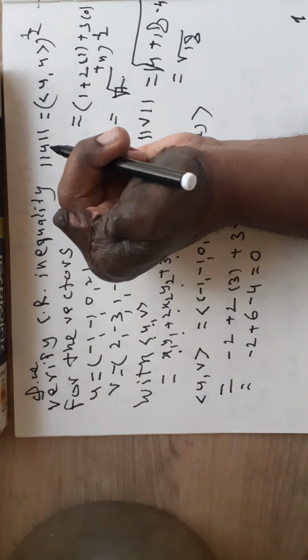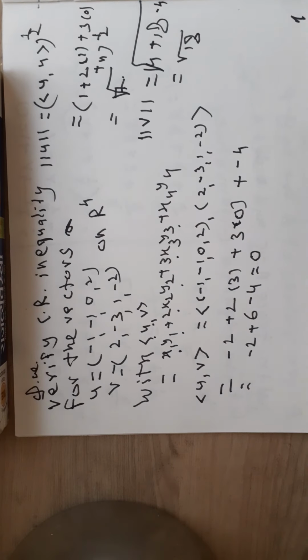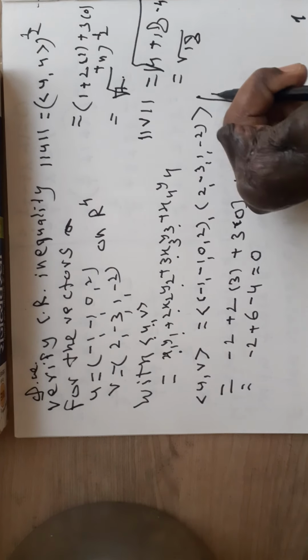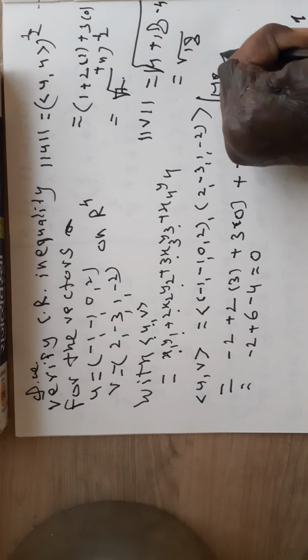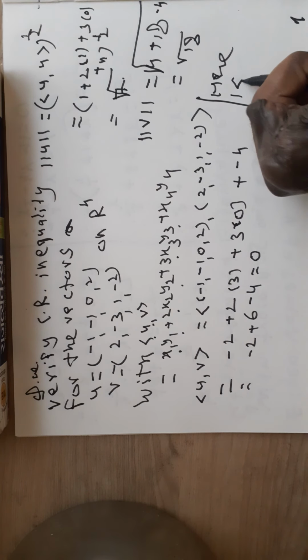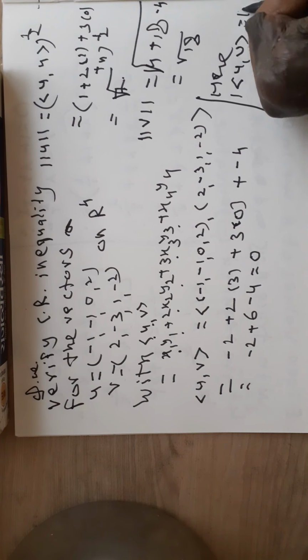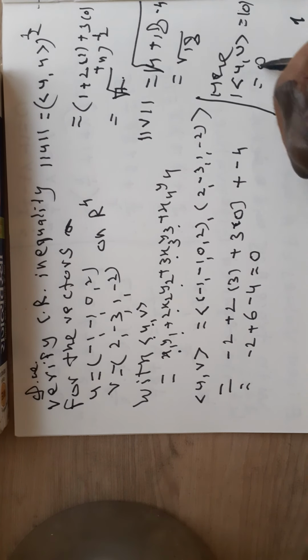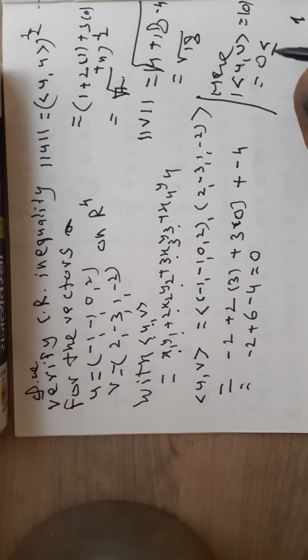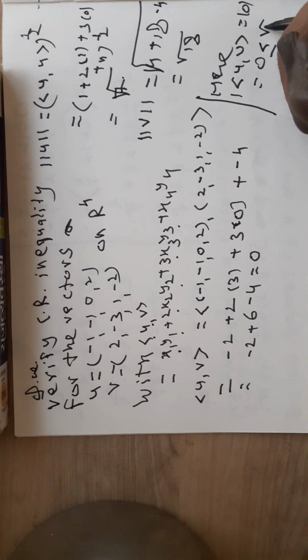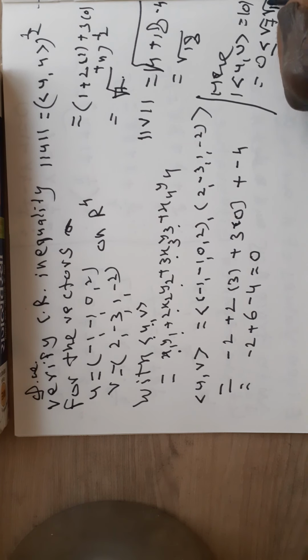And the norm of u is equal to root 7. Therefore the modulus of the inner product of u and v is equal to modulus of 0, which is 0, and this is less than or equal to root 7 into root 18, which is true. Therefore the Cauchy-Schwarz inequality is verified here.